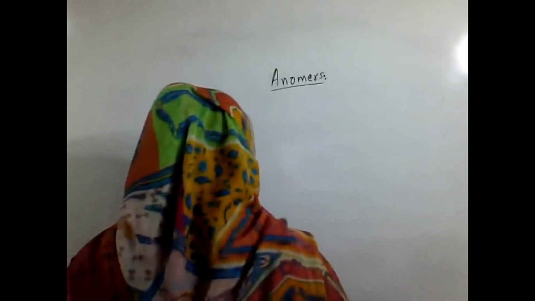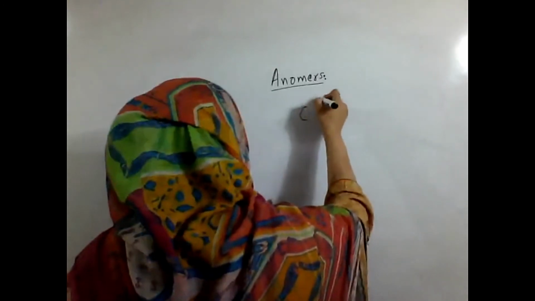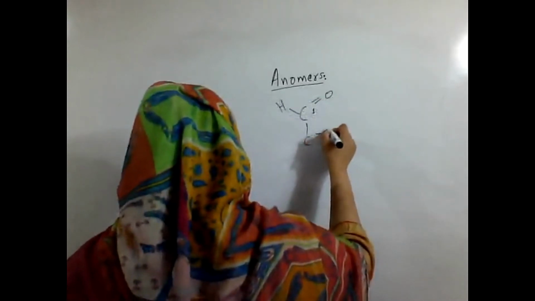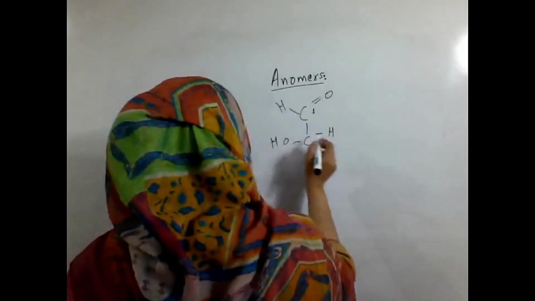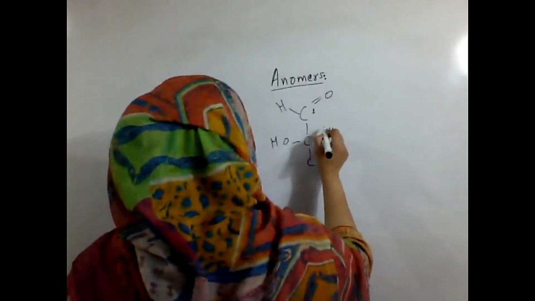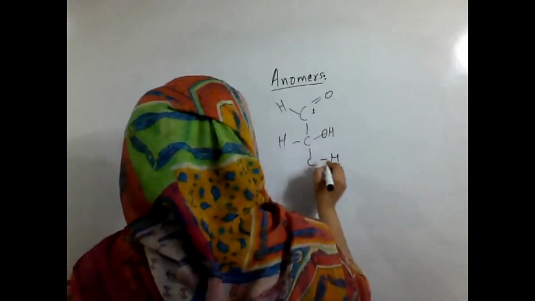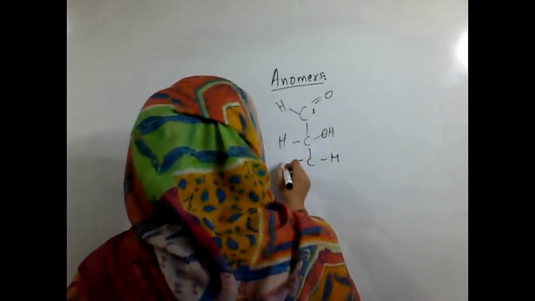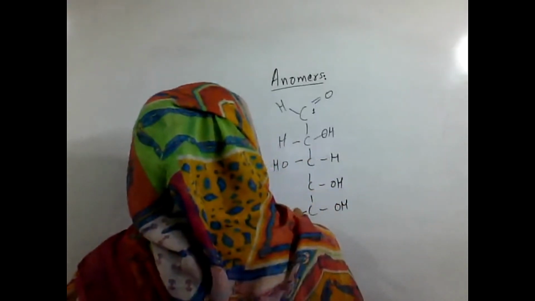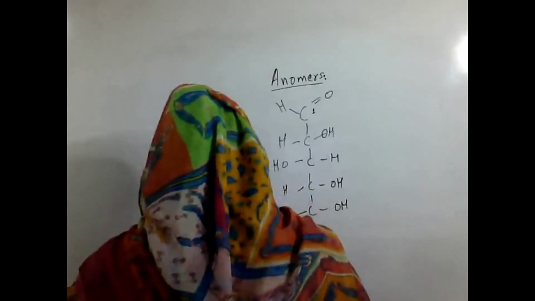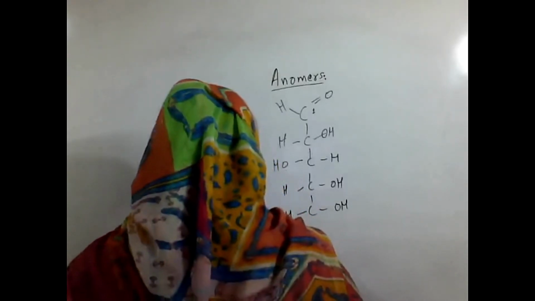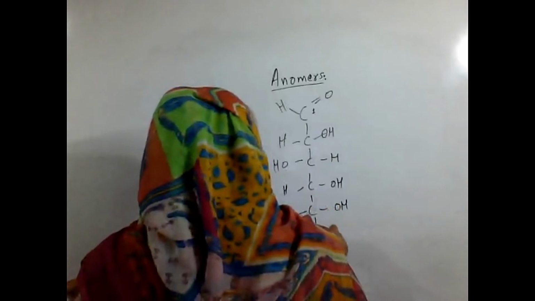Here is the D-glucose molecule, in which this one is carbon number 1, CHO, followed by CHOH, and ending with CH2OH.